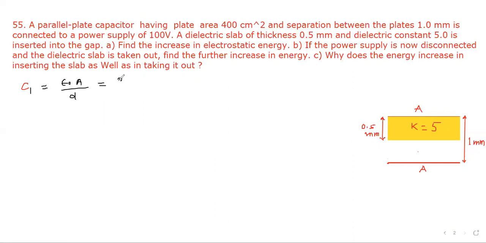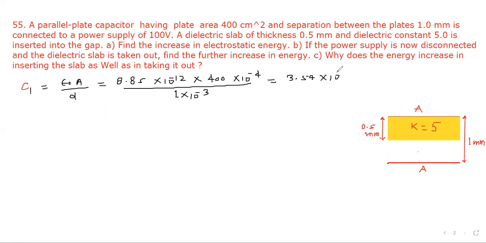So we put the values: 8.85 into 10 to the power minus 12 into plate area 400 into 10 to the power minus 4, divided by separation, that is 1 into 10 to the power minus 3. If we simplify, we will get 3.54 into 10 to the power minus 10 farad.